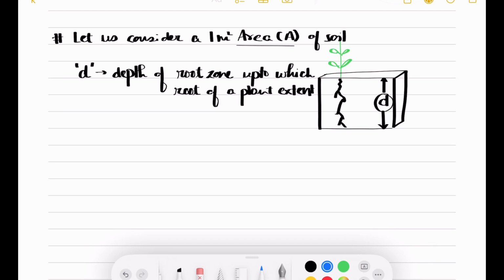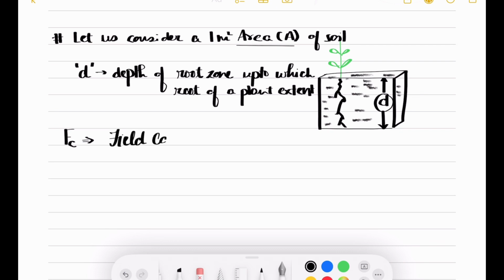And since we have a certain volume of soil, of course there will be some moisture in the soil, and therefore let's say FC is the field capacity.